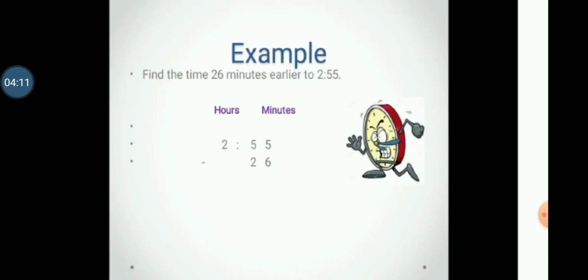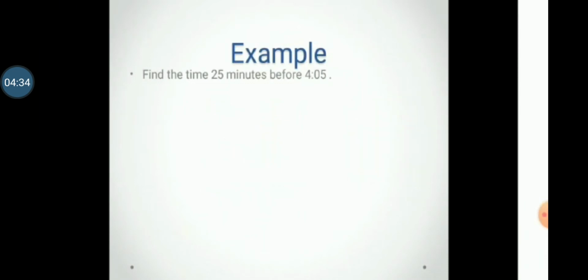When we subtract 26 from 55, we get 15 minus 6, which will be 9. We have to borrow 1 from the 5 at the left hand side, and 4 minus 2 will be 2. Now this is 2 hours and 29 minutes.